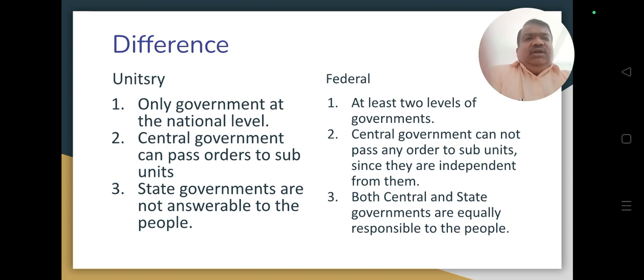But in a federal system, both central and state governments are elected by the people in general elections. That's why they are equally answerable and equally responsible to the people.